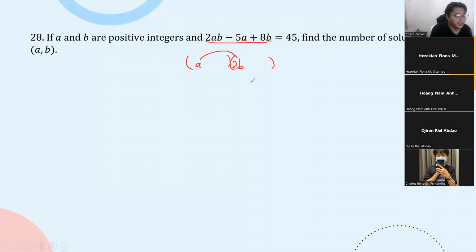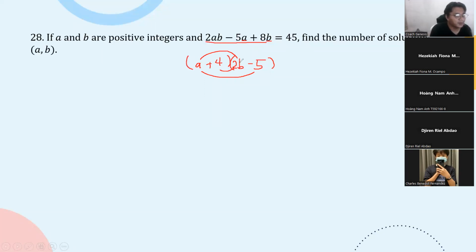So we already have 2AB. This is already 2AB. So how do you get -5A? So you have to have here -5. So that is -5A. Next, how do you get 8B? So you must have +4 here.